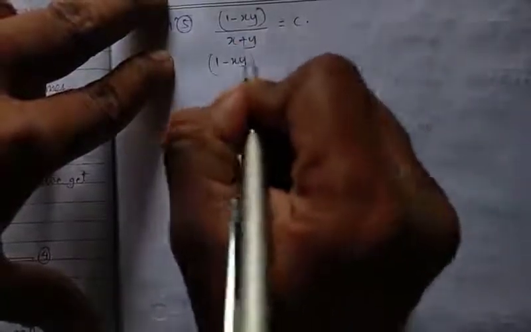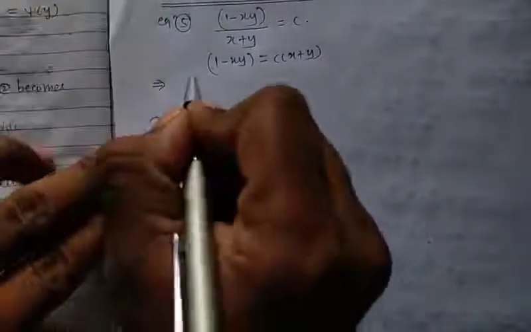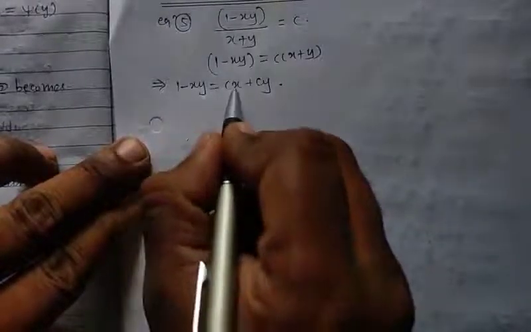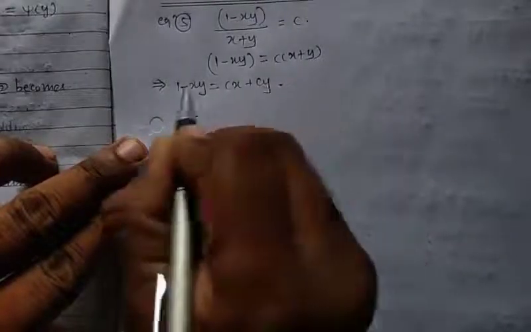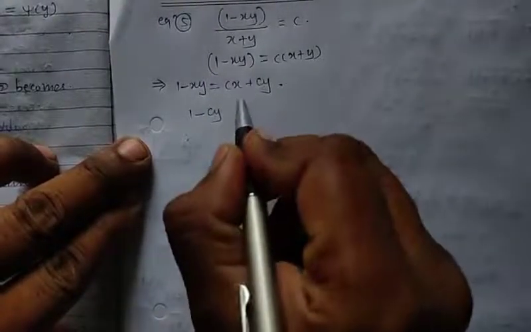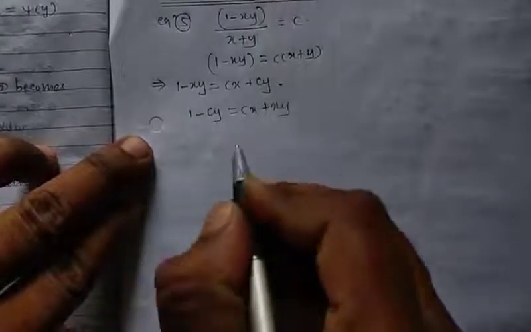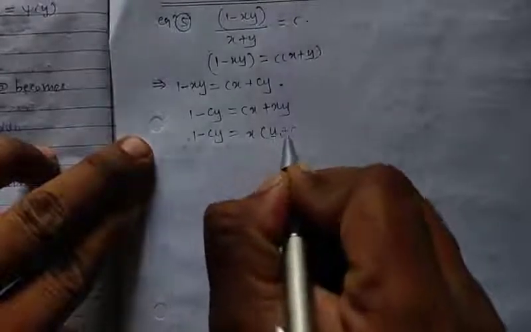So 1 - xy is equal to c(x + y), which implies that 1 - xy is equal to cx + cy. So 1 - cy is equal to, I will take x as common, x(y + c).